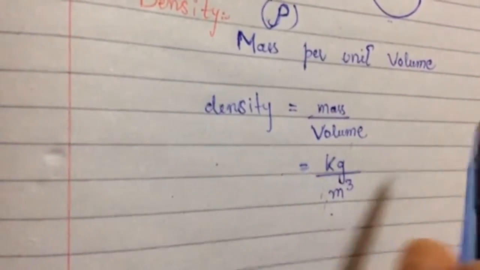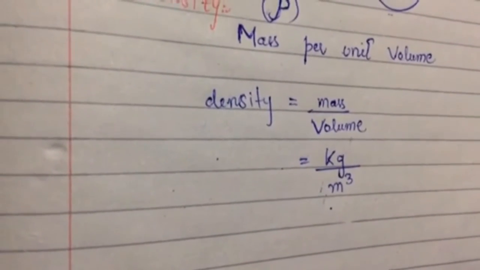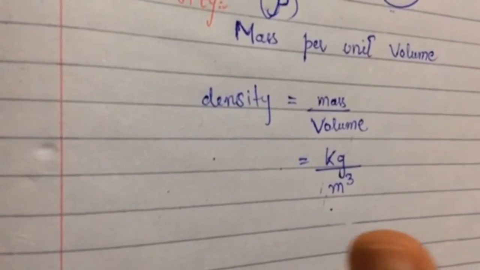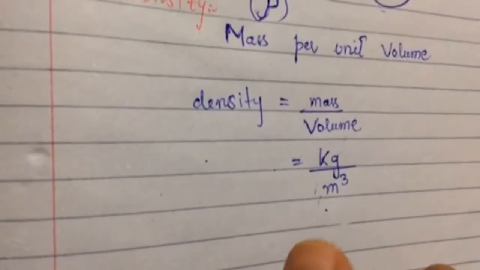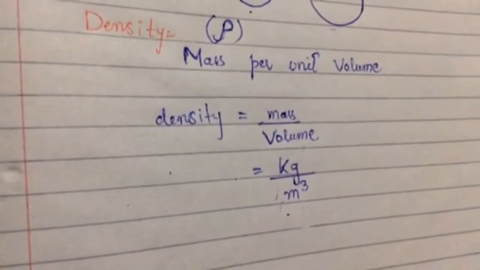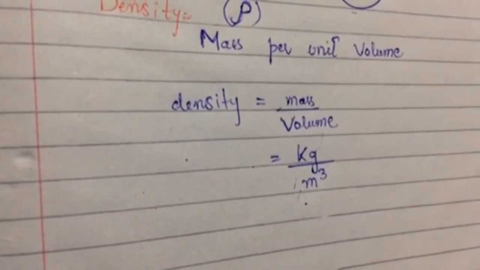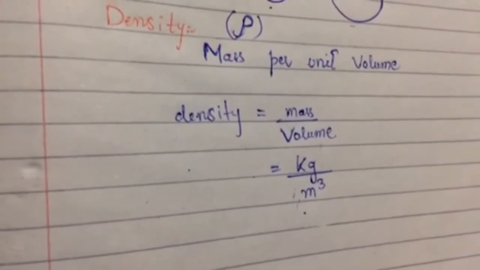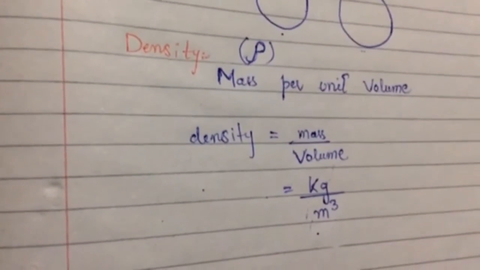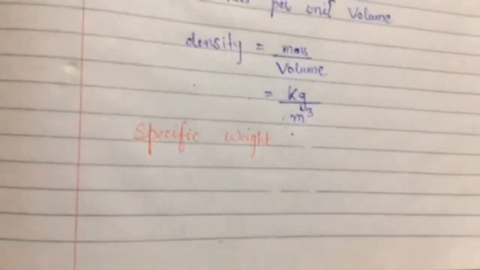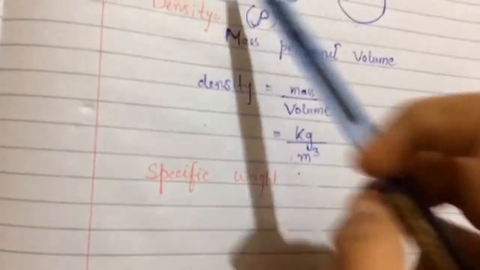Basically kg is for mass and cubic meter is for volume. So simply this is the unit according to the metric system. We find the units of density through this formula, so we can take this formula as a reference. And for the English system, they have no units.